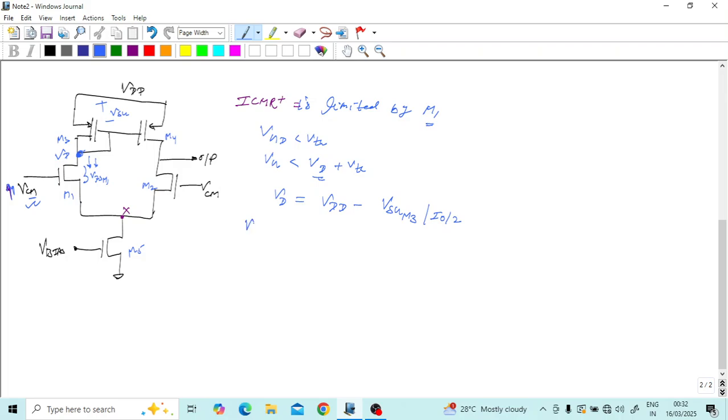So what will be the VG maximum that we can apply? This is nothing but VDD minus VSG of M3 at I naught by 2, plus VTH. So our ICMR plus, the maximum voltage that we can apply at the input such that all the transistors will be in saturation, is nothing but VDD minus VSG of M3 at I naught by 2 plus VTH.